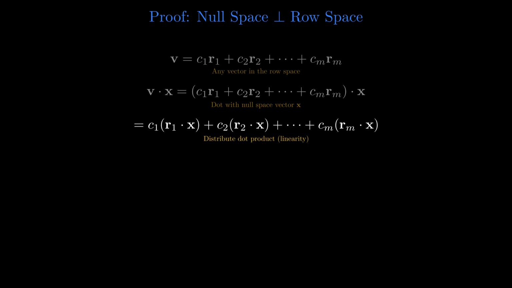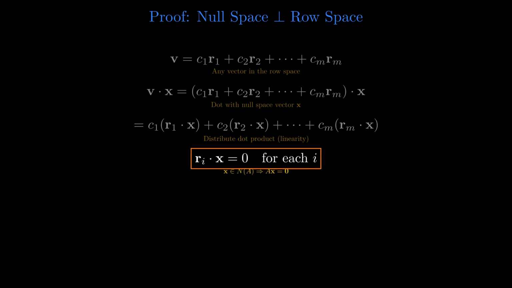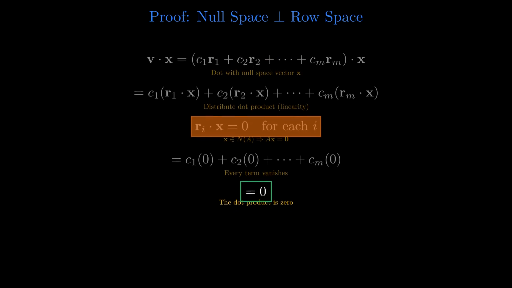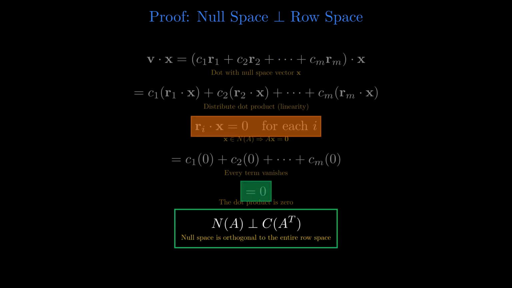You get c1 times row 1.x plus c2 times row 2.x plus ... plus cm times row m.x, but remember, x is in the null space, so each row i.x equals 0. That means every single term vanishes. We get c1 times 0 plus c2 times 0, and so on, which all adds up to just 0. Therefore, every null space vector is orthogonal to every row space vector. The null space is perpendicular to the entire row space.